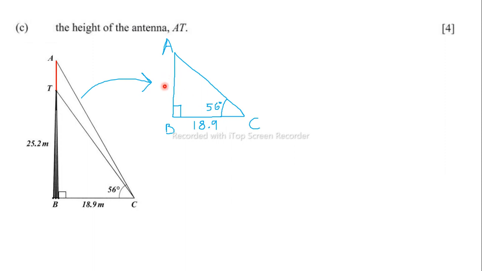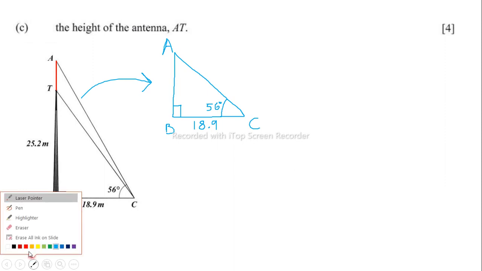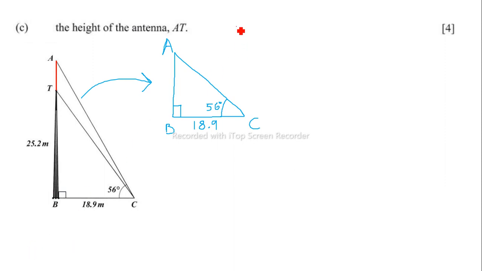We have the unknown side and we have the angle, but if we knew what this angle is, we could have used sine rule, but we don't. So we can't use sine rule. That means we are forced to use SOHCAHTOA, which I really did not want us to use. We are forced to use the trig ratios, which I thought we could avoid, but it came back to haunt us.